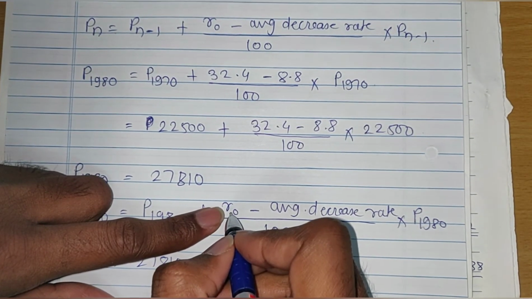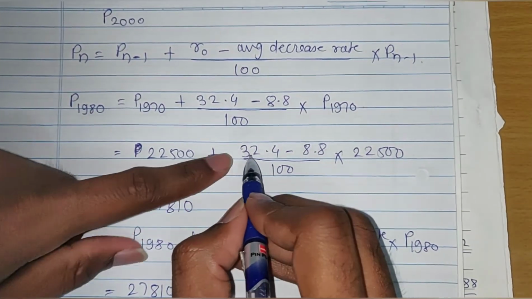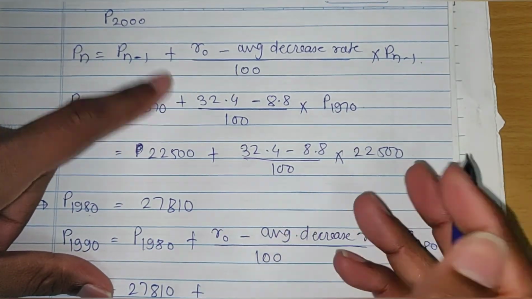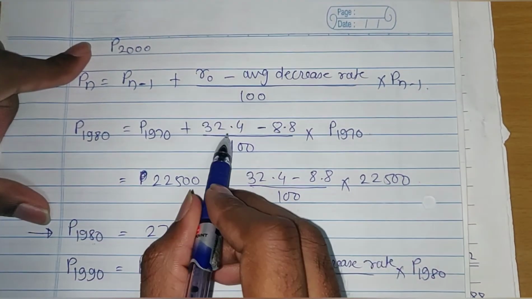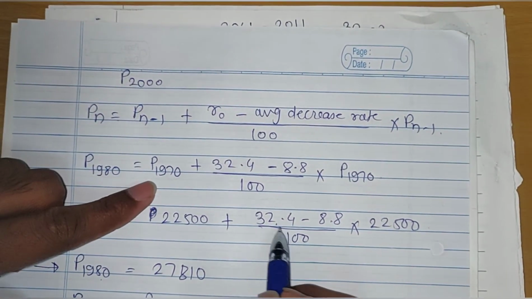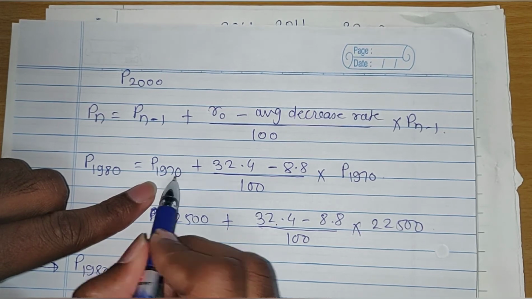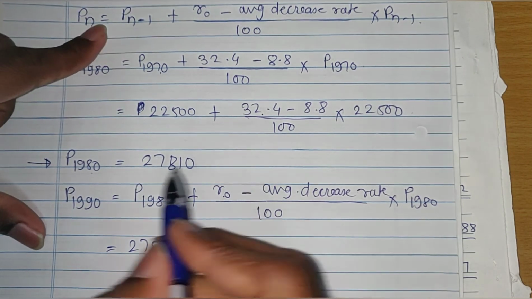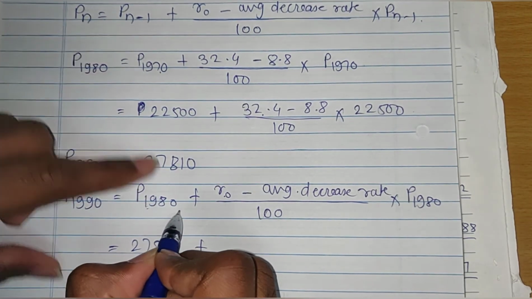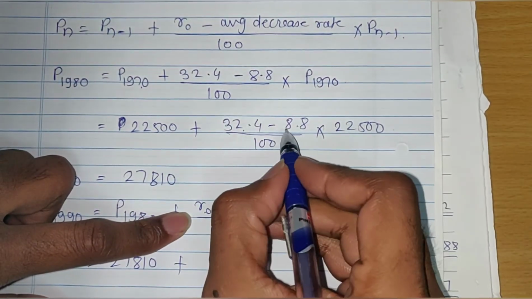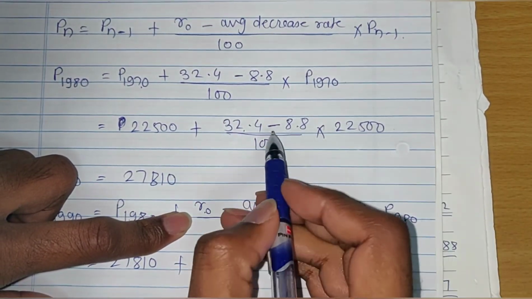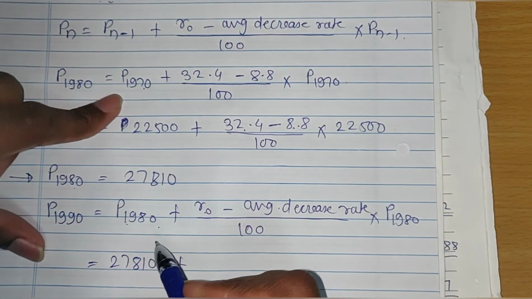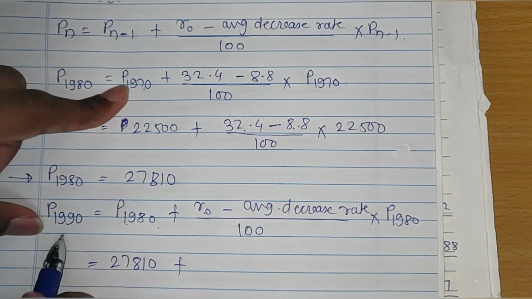Now the R naught value will be different, because R naught value is the percentage increase in population of the previous decade. Here the R naught value is the percentage increase in population for 1970 to 1980, and we have to subtract this average decrease rate twice, because there are 2 decades between 1970 and 1990.